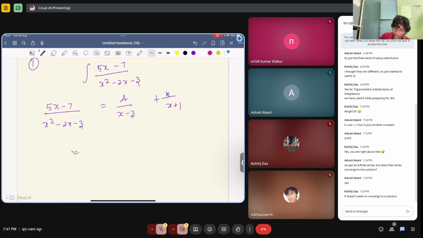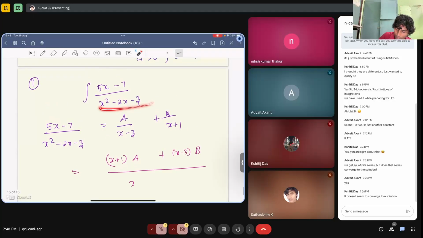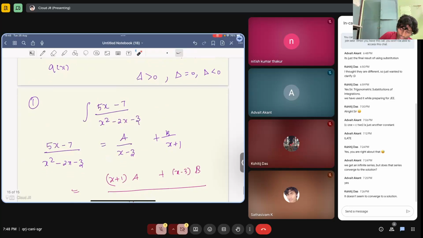When you cross multiply, you get x plus 1 times a plus x minus 3 times b, which is equal to the numerator. Why do these two terms come? Basically because of the denominator. In the first case I am dealing with, your delta is greater than 0.